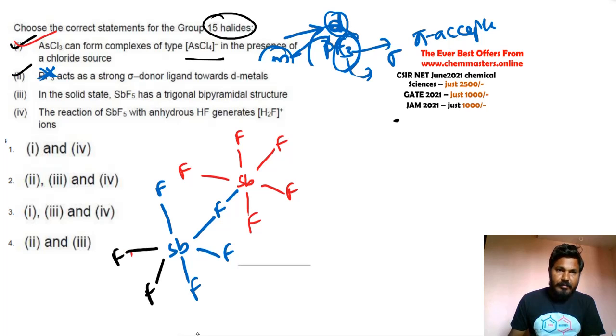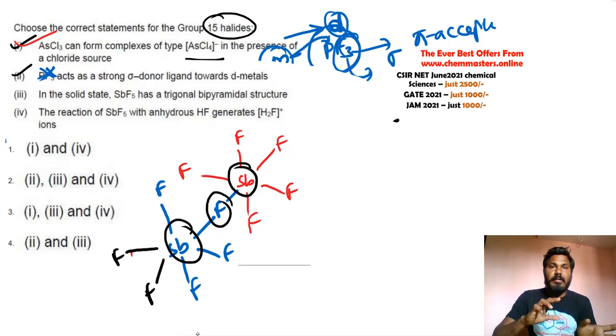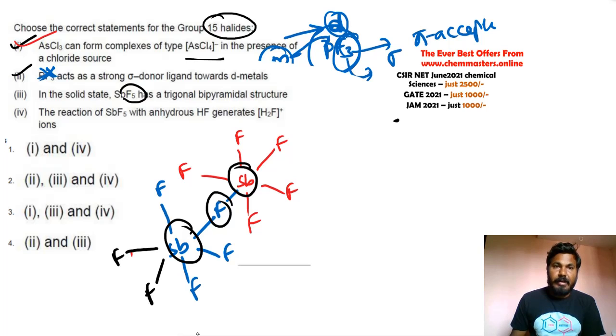So like this, they are going to make octahedral geometry around antimony by sharing the fluorines of two or more polymeric antimony pentafluorides. That's why in the solid state, antimony pentafluoride has octahedral geometry instead of trigonal bipyramidal structure. That's why the third statement is also wrong.